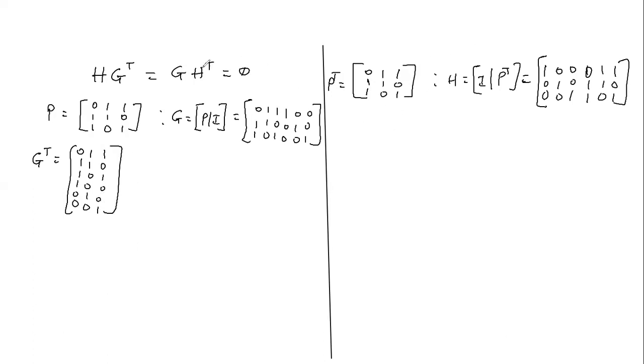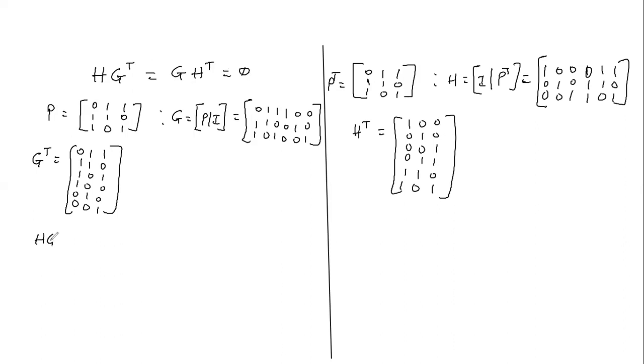And here, we also take the transpose of the parity check matrix, which would be 1, 0, 0, 0, 1, 1, then 0, 1, 0, 1, 1, 0, then 0, 0, 1, 1, 0, 1, right?